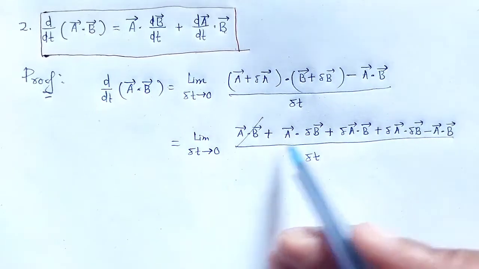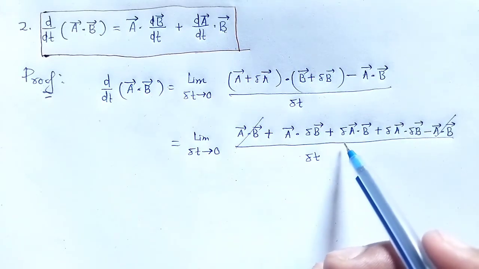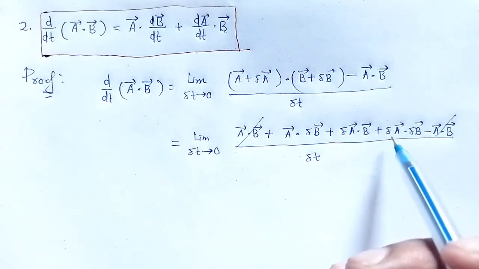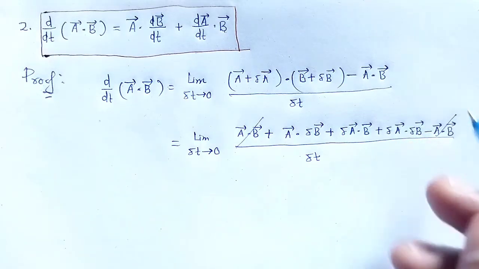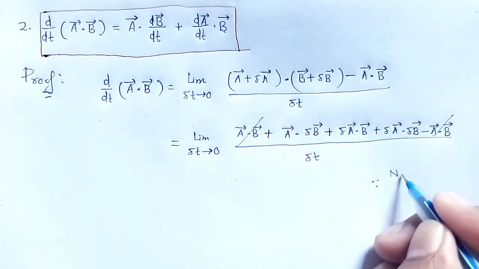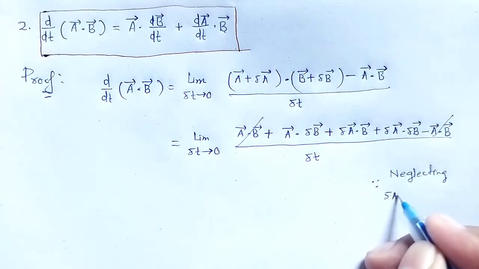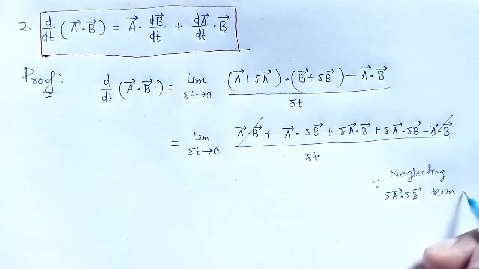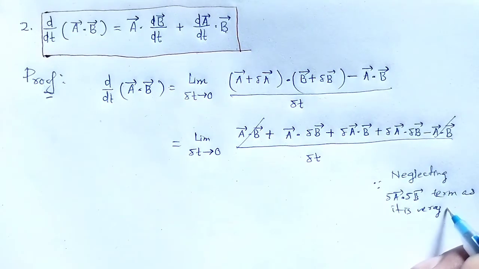A dot b and minus a dot b cancel out. Since del a and del b are small increments, the product term del a vector dot del b vector is very small, so we neglect it.